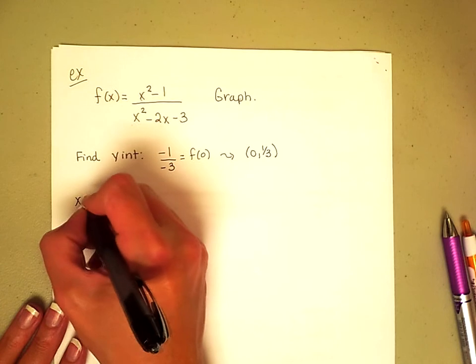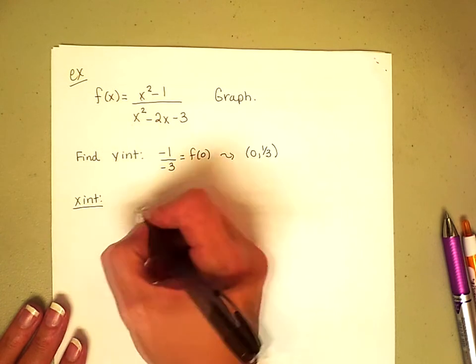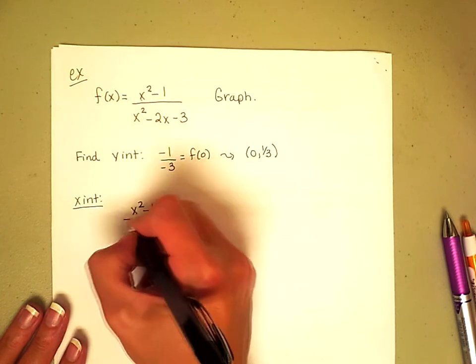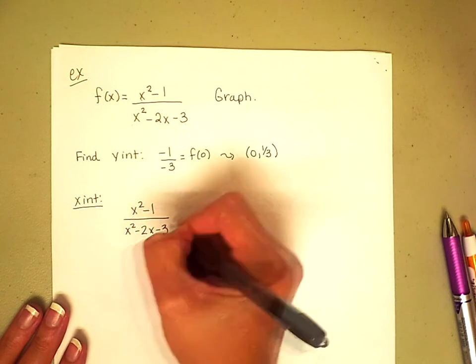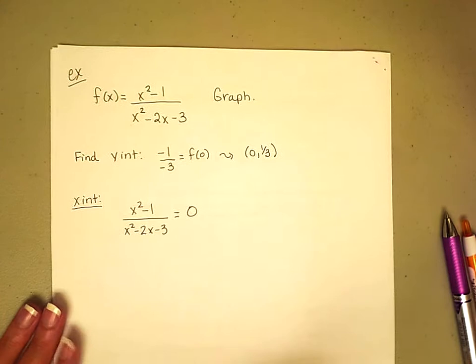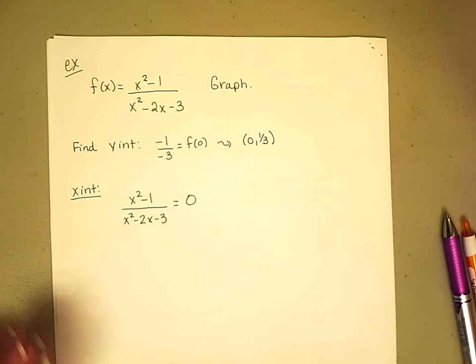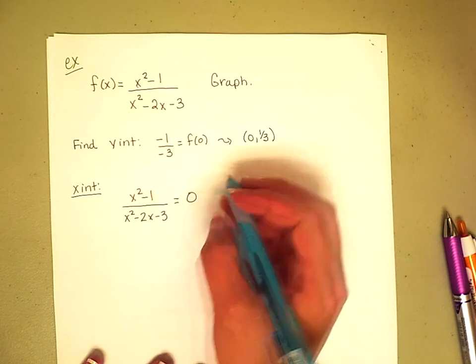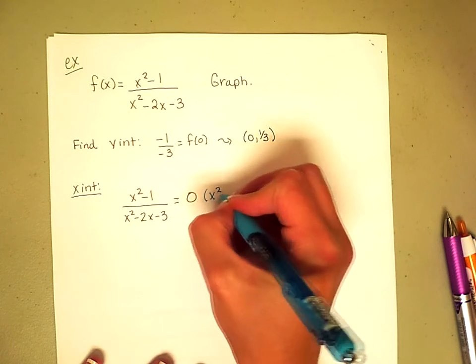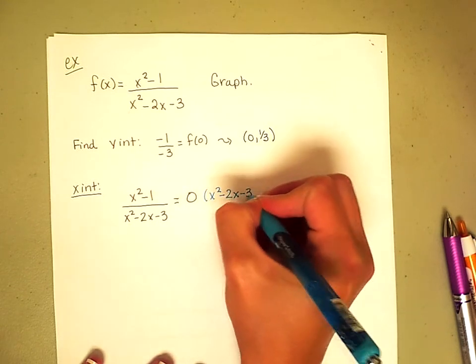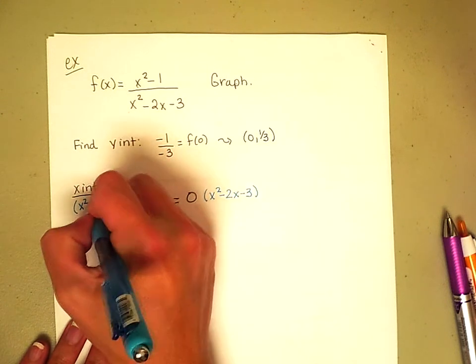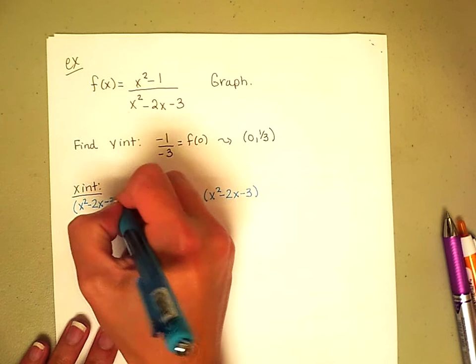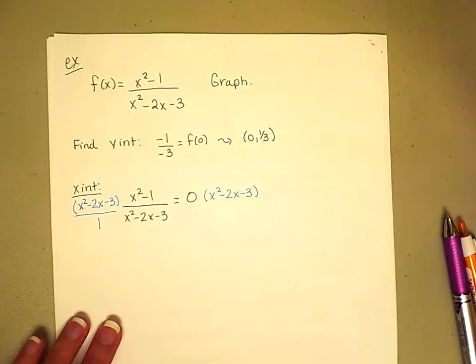Now, for an x-intercept, we have to let the function equal 0. Anytime we have a rational function, we need to get the x's out of the denominator, so I will multiply through by the denominator to clear it on both sides. Think of the 0 as over 1.